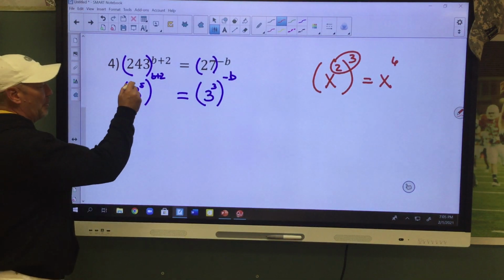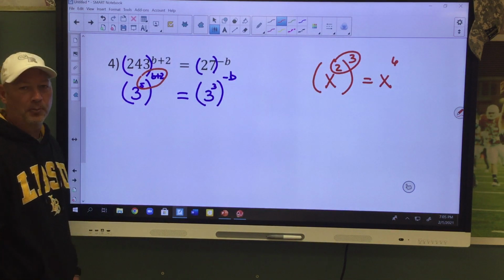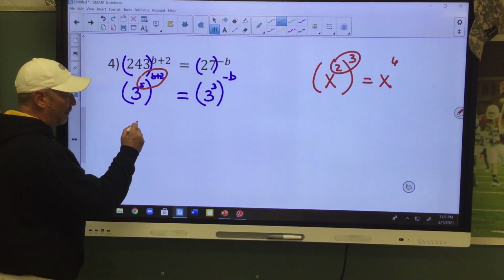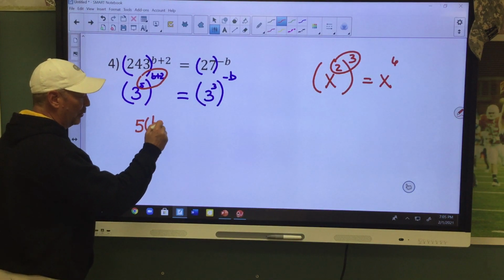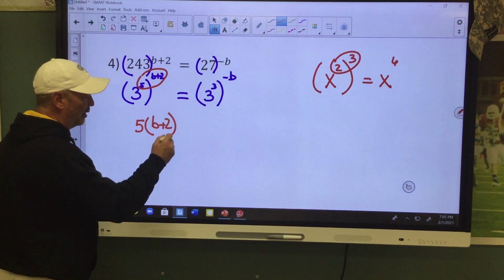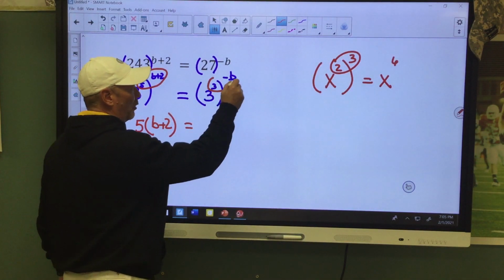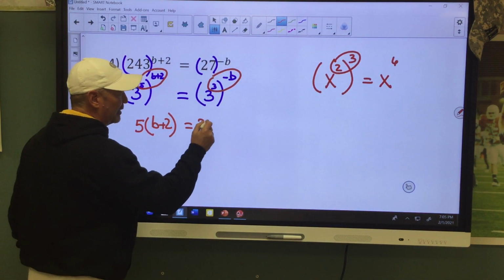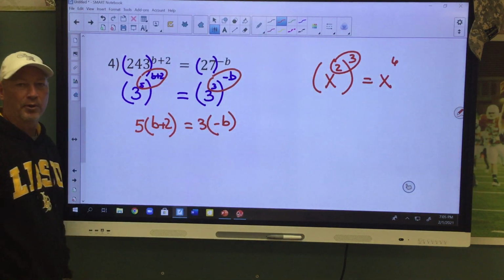I am raising the power, but I'm going to have to multiply. So I'm going to ask you to go 5 times b plus 2. On this side, I'm going to ask you to raise the power, or go power to power, and multiply and say 3 times negative b. Do you understand what we're doing?